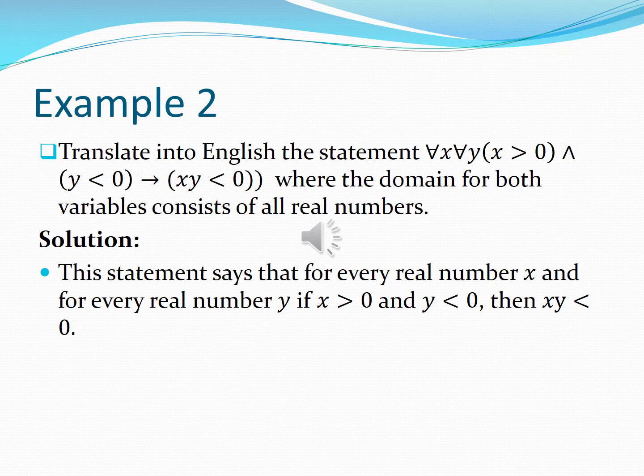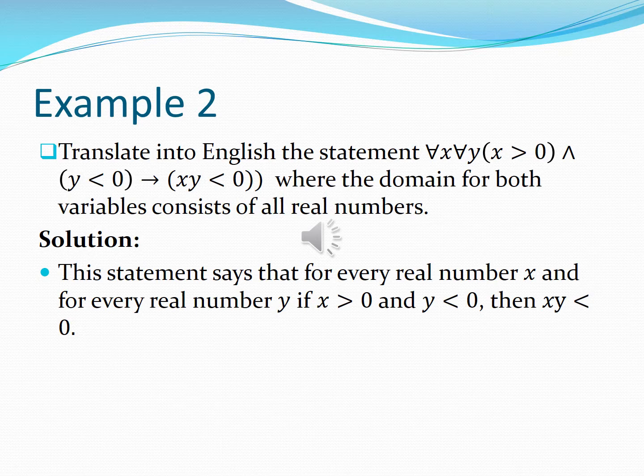Example 2. The task here is to translate a mathematical expression that involves nested quantifiers into English. Consider that x and y are real numbers. It says for all x and for all y, where x is greater than 0 and y is less than 0.